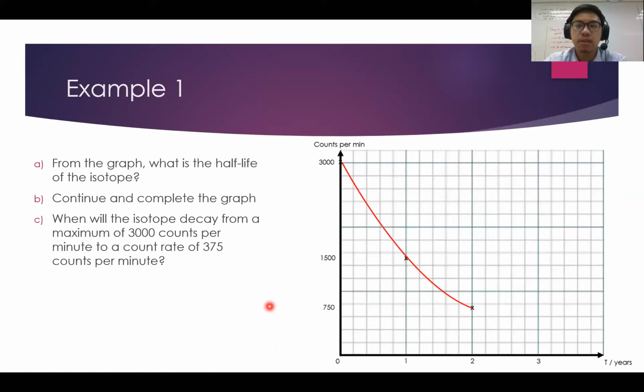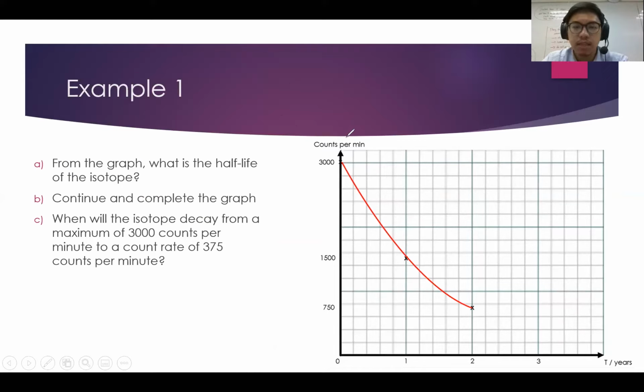Let's do an example to see how we use half-life. Example 1, A. From the graph, what is the half-life of the isotope? As you can see here, the graph on the y-axis is counts per minute, and on the x-axis it is time in years.